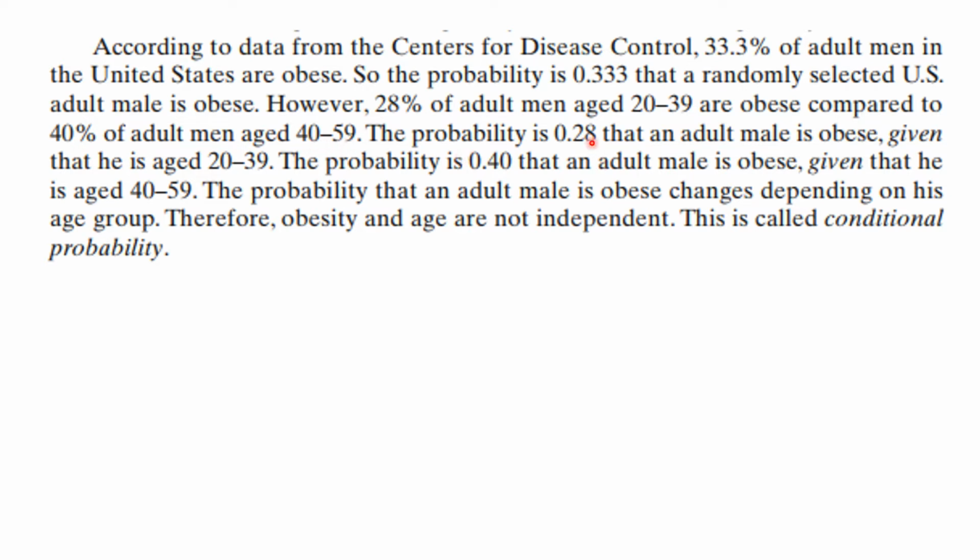The probability is 0.28 that an adult male is obese given that he is 20 through 39. So the probability is 0.40 if he is older. So these two numbers don't match. You see, the probability that they're obese depends on how old they are. That means that obesity and age for males are not independent. That means they're dependent. And this idea is called conditional probability.